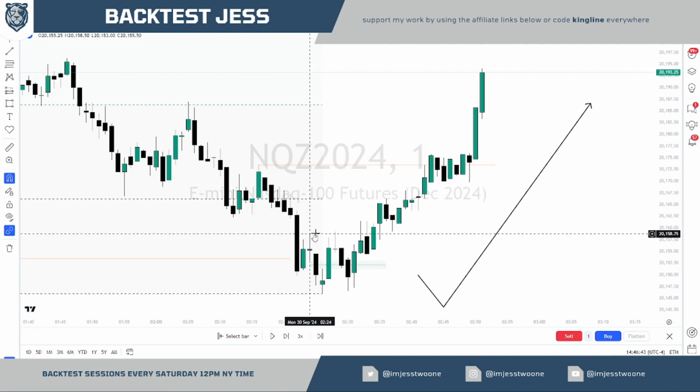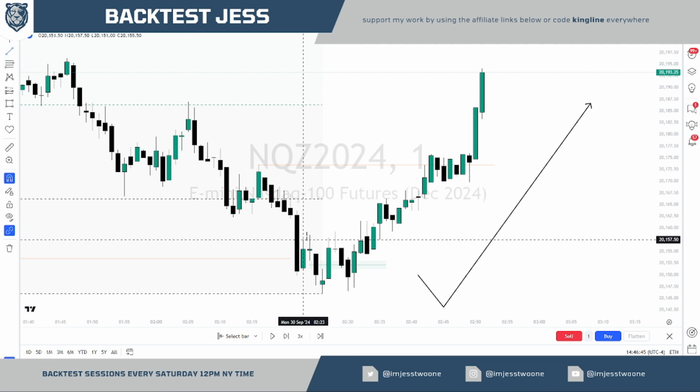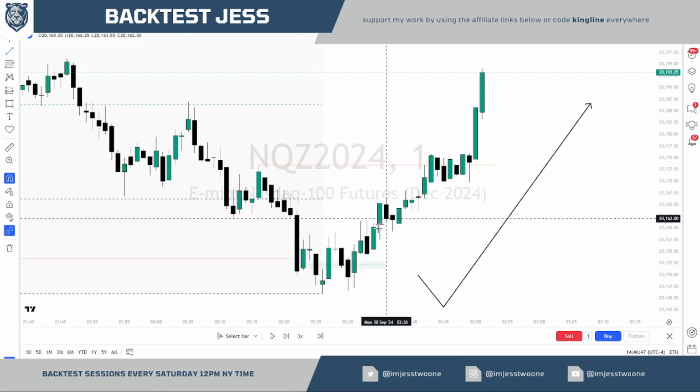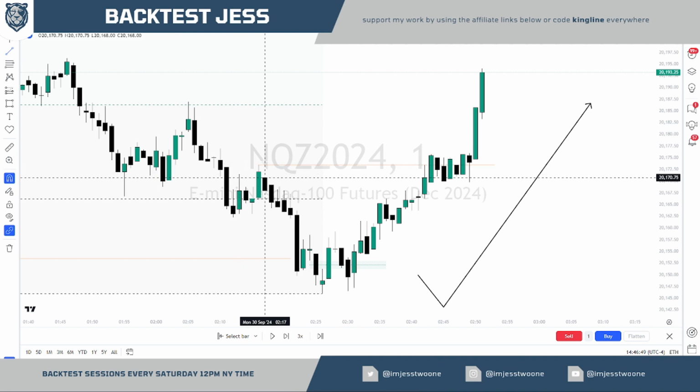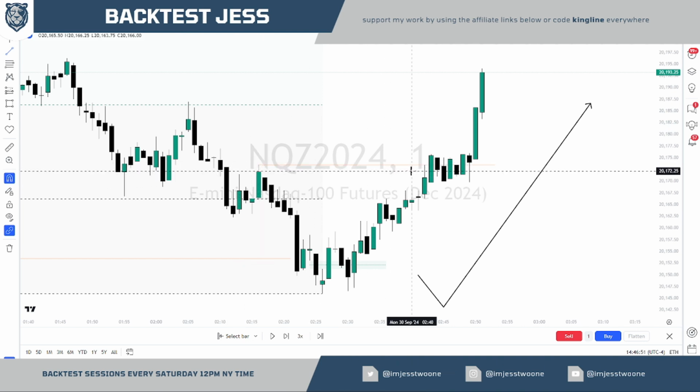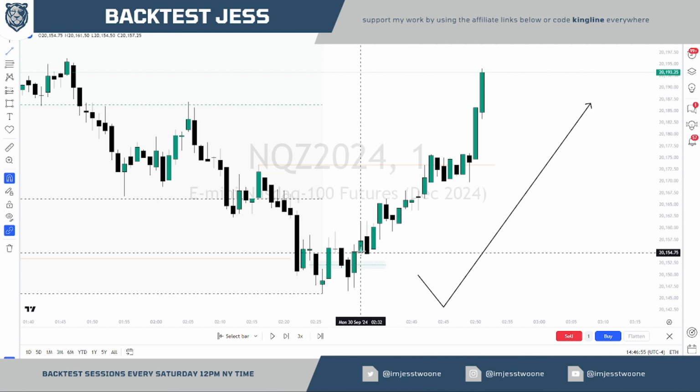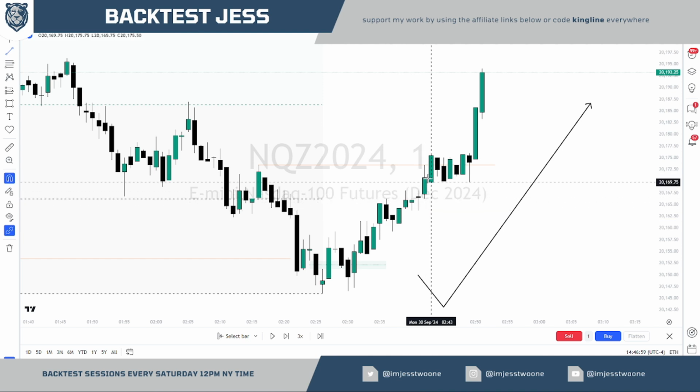So once this confirmation was made here, when we actually started closing above swing highs, I personally, to be honest with you, would have waited for this to add on, because anything in here is the aggressive entry, and I'm waiting to see at this point, do we close above this high?